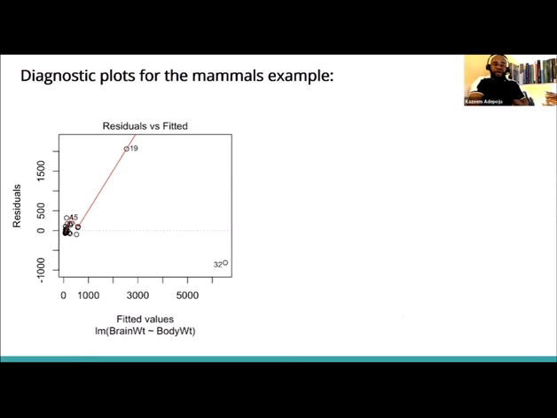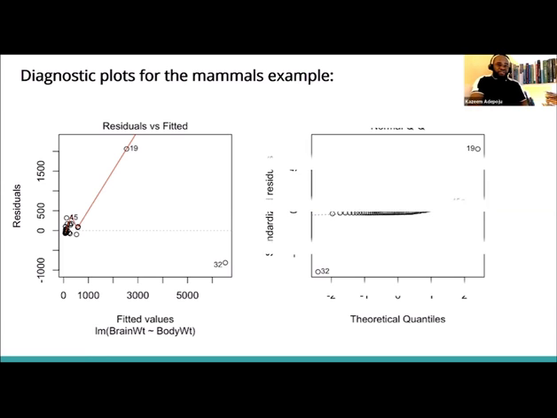But there's something I want to tell you right now. Using the residual plots, I walked you through a residual plot last week, and I wanted to see the difference between the two. Now, this is a residual plot for the elephant, when we're looking at the effect of brain weight on the body weight. And this here is a normal QQ plot.